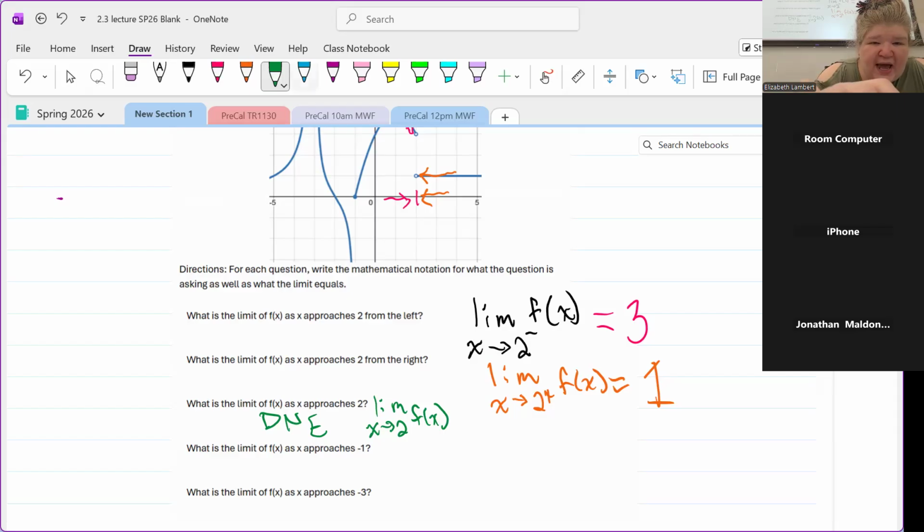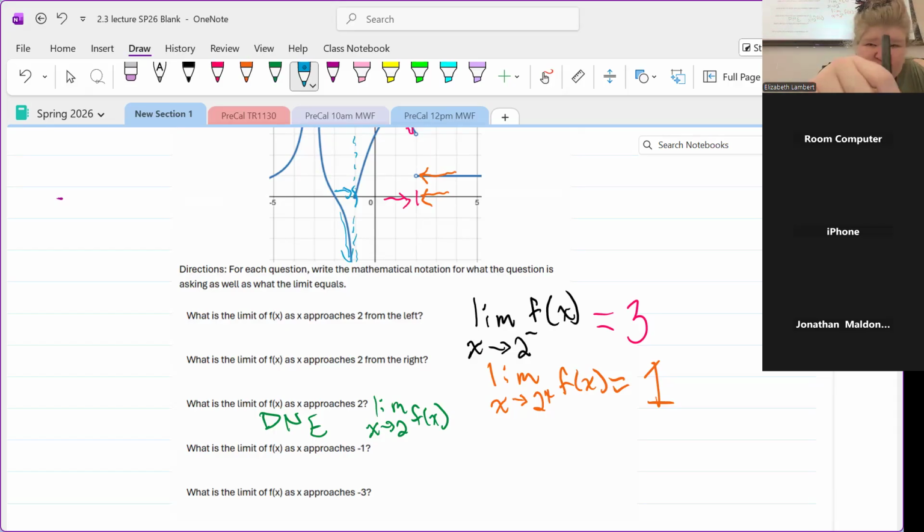So when we're looking at the limit of f of x as x approaches negative 1, all right, there's our negative 1. As we approach from the left, what's the graph doing? On the left side of negative 1, the graph is shooting just down, down, down.